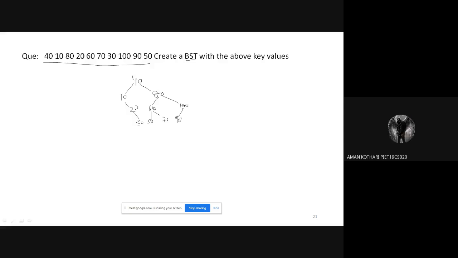Now find the in-order of this tree. Yes sir, in-order. Do it fast. In-order is nothing but left, node, and right.